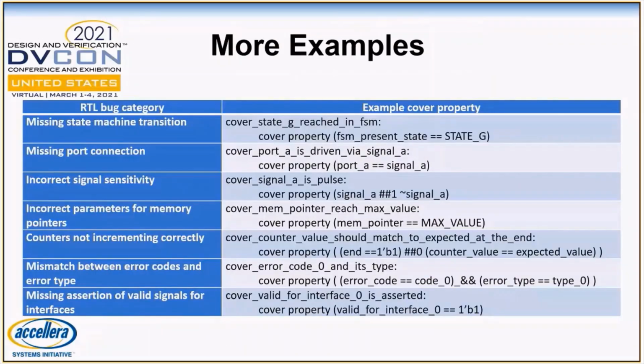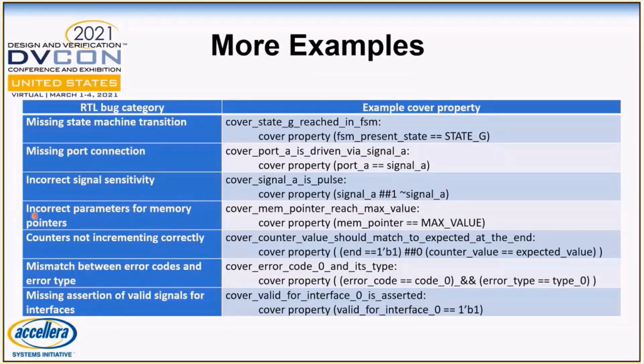Here are some more examples where design exploration can be useful in flushing out such bugs. Now, each one of the examples mentioned here helped save some amount of time, but the ones that helped save the most time are incorrect signal sensitivity, where instead of behaving as a pulse, the signal was behaving as a constant high.